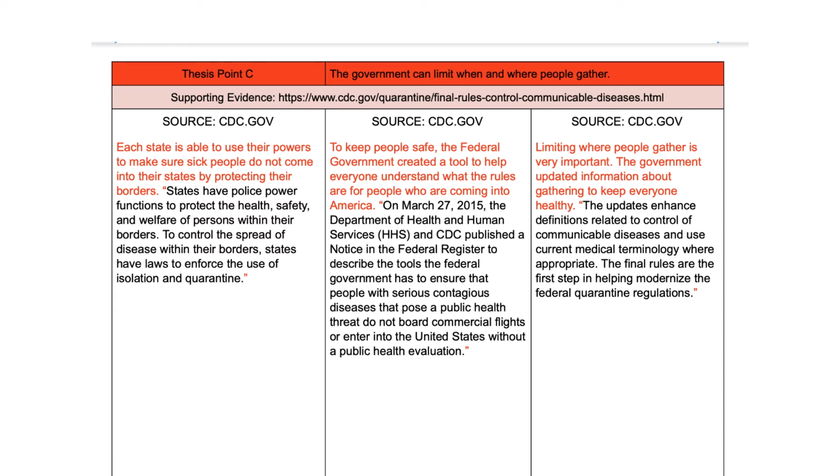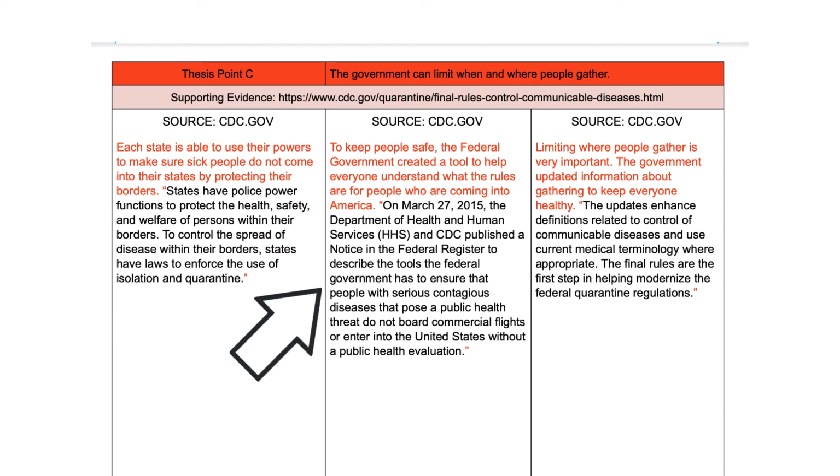In the second box, to support our thesis statement, my words were, to keep people safe, the federal government created a tool to help everyone understand what the rules are for people who are coming into America. And here's the proof, taken again from this credible source.